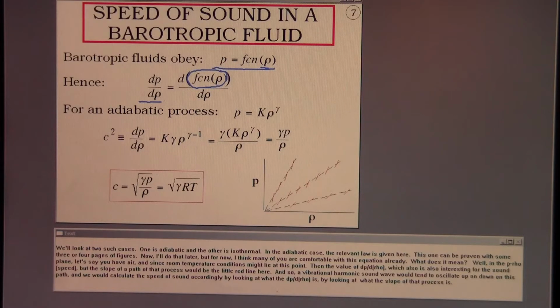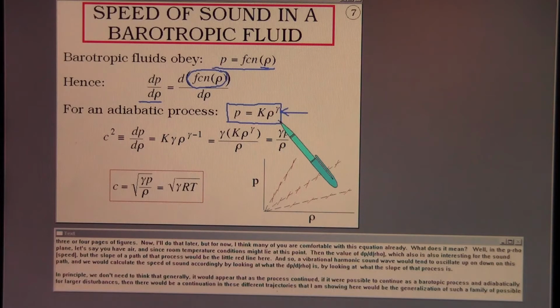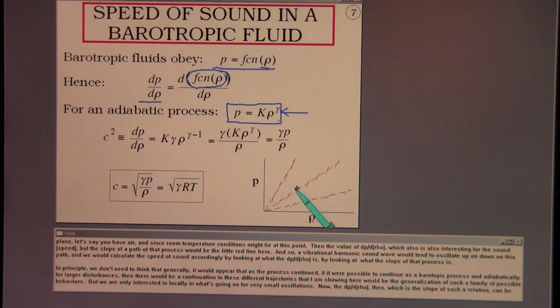In the adiabatic case, the relevant law is given here. This one can be proven with some 3 or 4 pages of figures, and I'll do that later. But for now, I think many of you are comfortable with this equation already. What does it mean? Well, in the p rho plane, let's say you have air, for instance, and room temperature and pressure conditions at sea level might lie at this point.